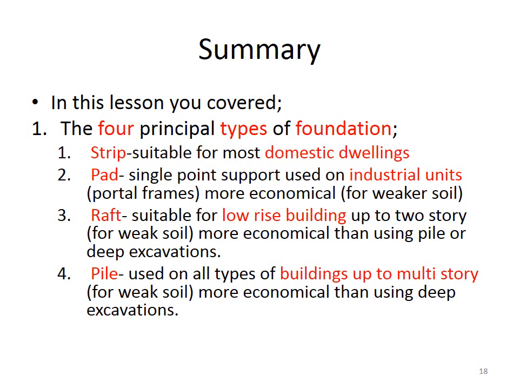Number 3 is a raft foundation, suitable for low-rise buildings, up to 2 storeys, for weak soil, and it would be more economical than using piles or deep excavations. Number 4 then is the pile foundation, used on all types of buildings up to multi-storey, used for weak soil, again more economical than using deep excavations.